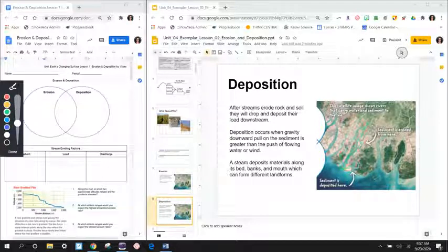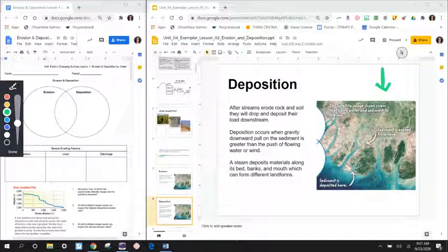Deposition occurs when gravity, downward, pulling on the sediment is greater than the pushing flow. So we have 2 things happening in the stream. We have a stream pushing this way, downstream, and then we have gravity pulling downward.